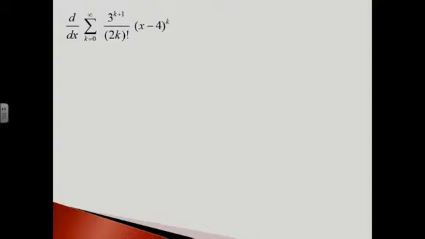Sigma of 3 to the power of k plus 1 divided by 2k factorial multiplied by x minus 4 to the power of k. Differentiating term by term of this series gives sigma of 3 to the power of k plus 1 divided by 2k factorial multiplied by k multiplied by x minus 4 to the power of k minus 1.